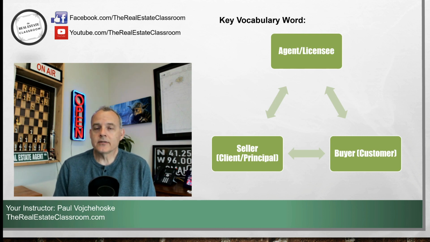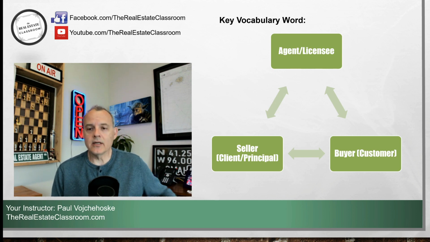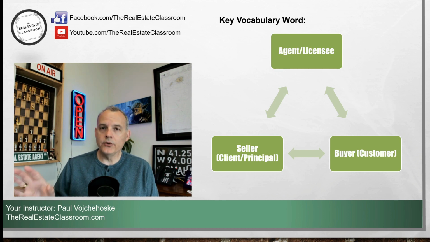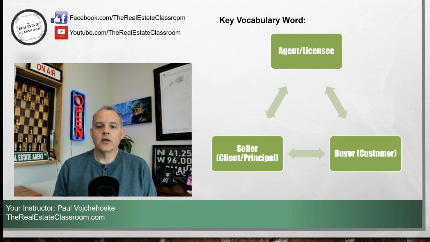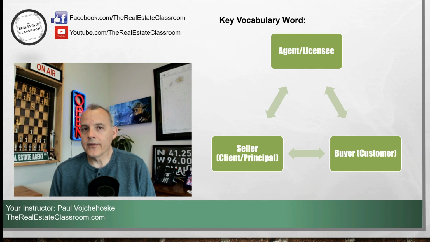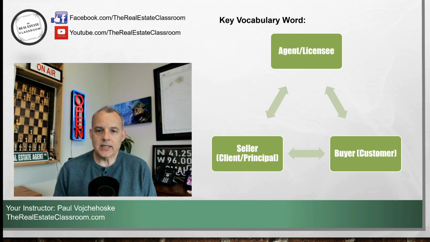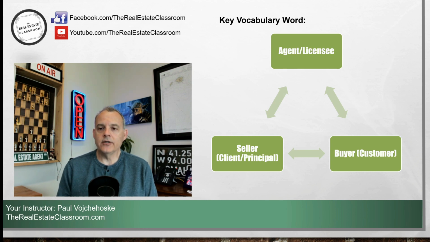So the agent makes the disclosure that, hey, I represent the seller. I don't represent you. You are a customer. The agent who represents the seller is going to also work with the buyer in the same transaction. The difference is the agent owes the seller those fiduciary duties.